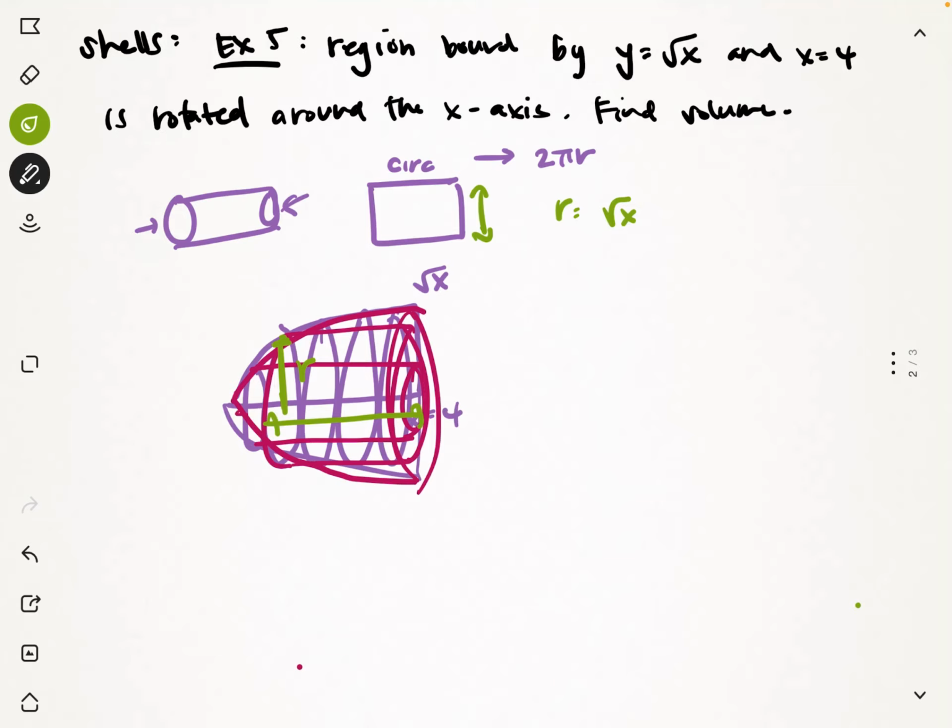Notice that the largest our height is going to get is 4. And then we go all the way till we hit our function here. And the x for our function is going to be x, so 4 minus x. So each of these lengths is going to be 4 minus x long. Okay, so let's set up our shells, not washers, excuse me.